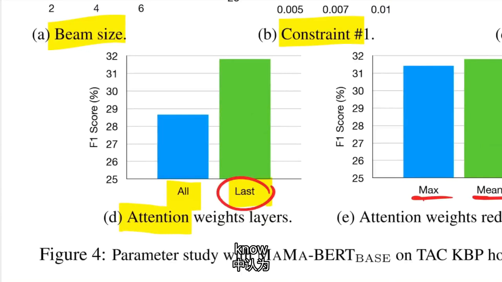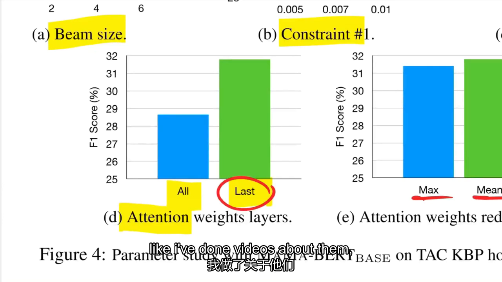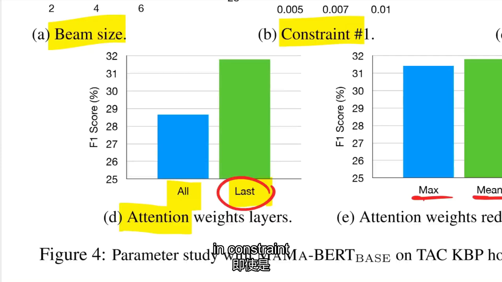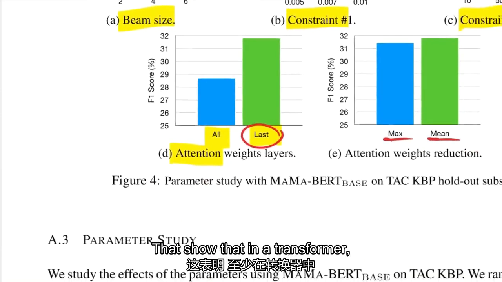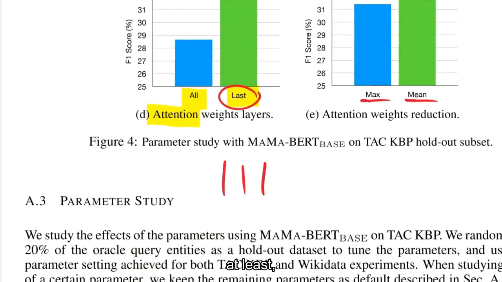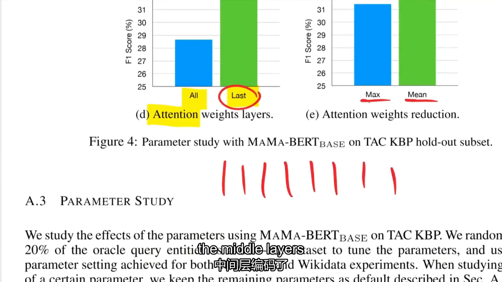They argue in the text that we know the last layers have higher-level features than the lower layers, but I recall there are multiple papers, like I've done videos about them, what does BERT learn and so on, even something in conjunction with lottery tickets, that show that in a transformer at least, I think it is the middle layers that encode the most semantic knowledge.